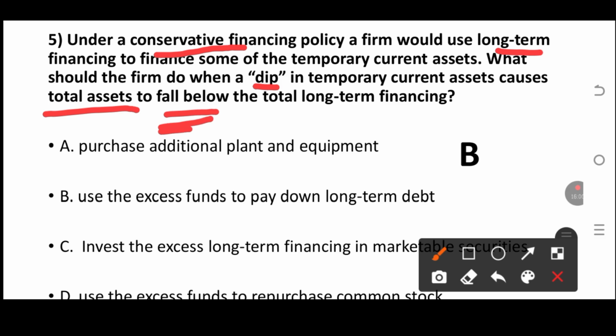Please understand this concept. What should the firm do when a dip in temporary current assets causes total assets to fall below the total long-term financing? Okay, we will see the choices. A. Purchase additional plant and equipment.